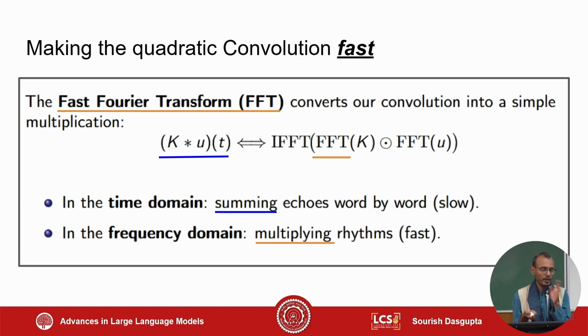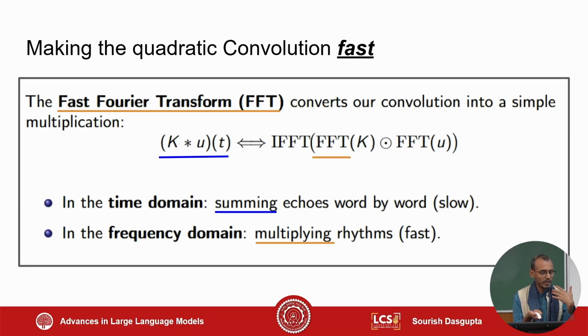You can rewrite that in terms of the fast Fourier transformation of k, which is the kernel, and u. You multiply those like a Hadamard multiplication, and then you get back y using the inverse fast Fourier transformation.